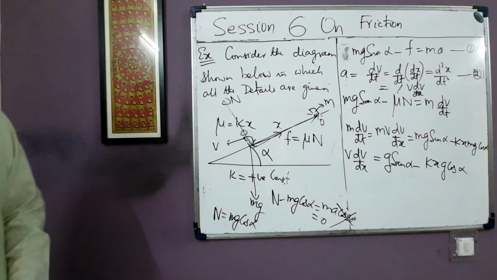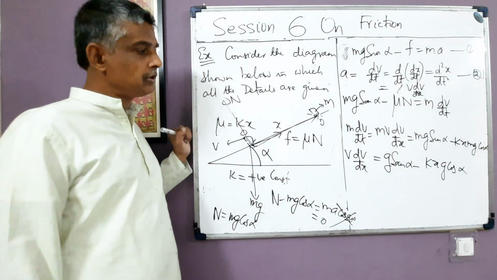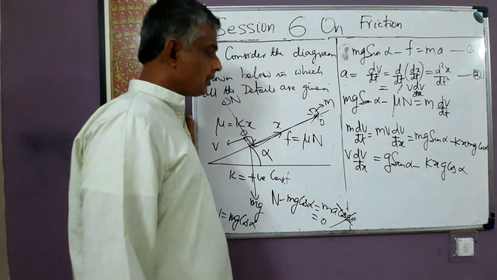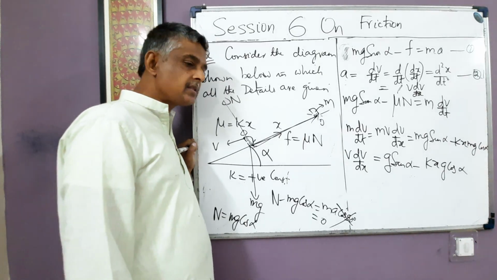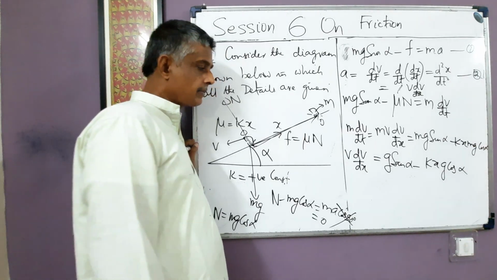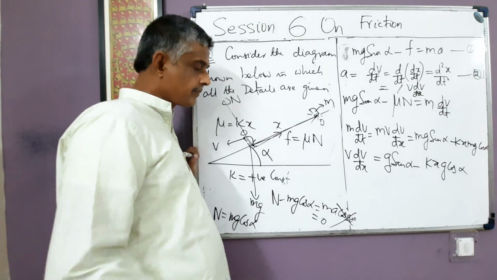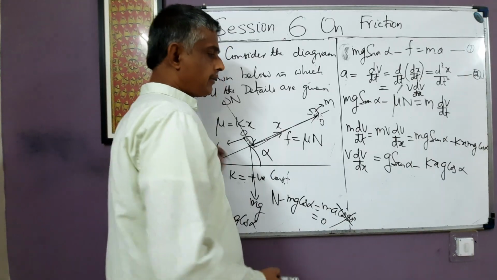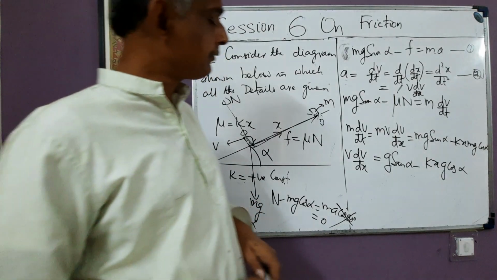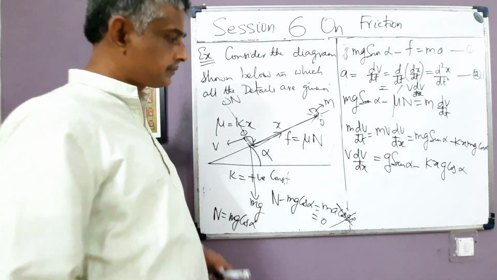Now we have to find four things. First, at what value of x is v maximum? What is the maximum value of v? Also, what distance does it move before coming to rest? And what time does it take for the entire journey? First I find the total distance the block moves before coming to rest.